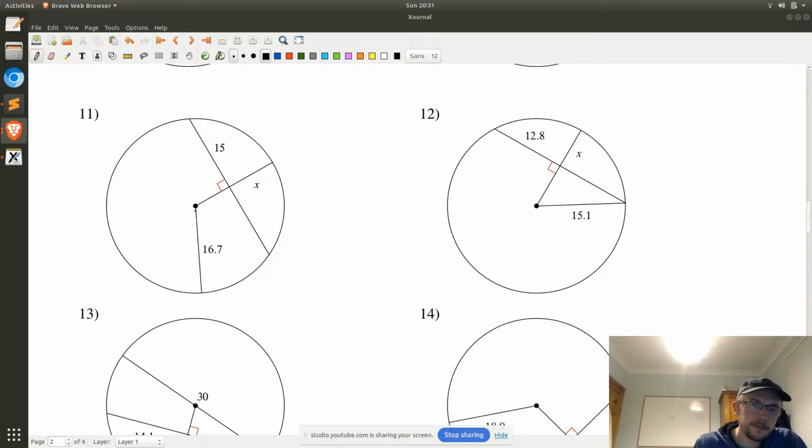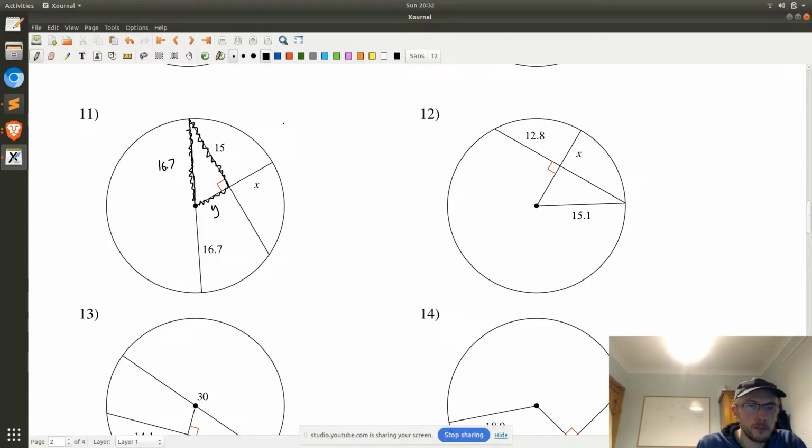Okay, here 16.7 is the radius. 15 is half of the chord here. So there would be another radius right there. And using that, we could obtain this length y. And then we'll subtract that from the radius to obtain x.